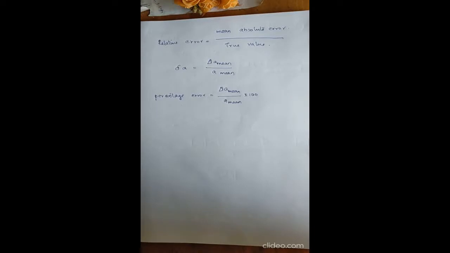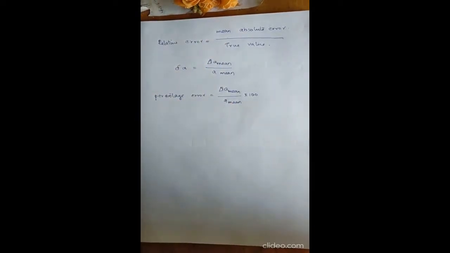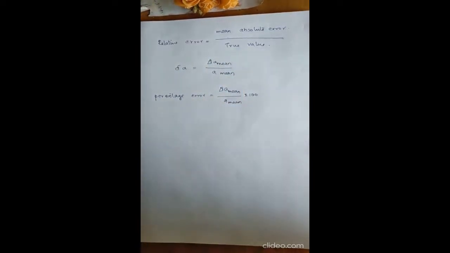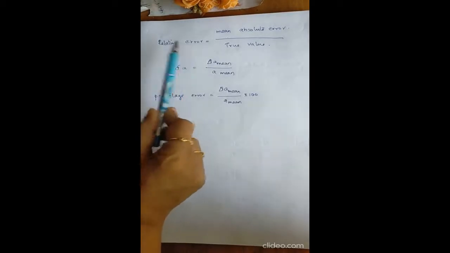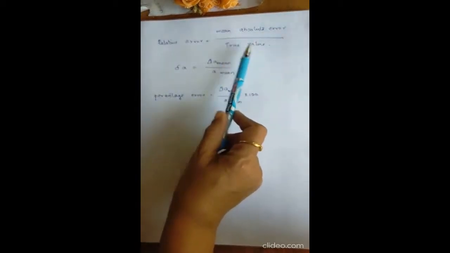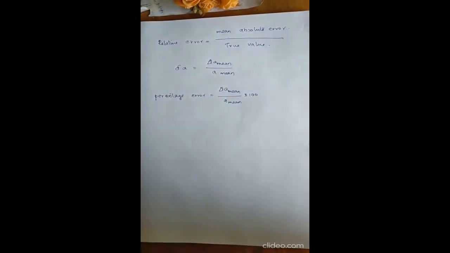Thus, relative error is defined as the ratio of the mean absolute error to the mean value of the quantity being measured. So, the relative error, that is the mean absolute error with respect to the true value, is delta A mean divided by A mean.